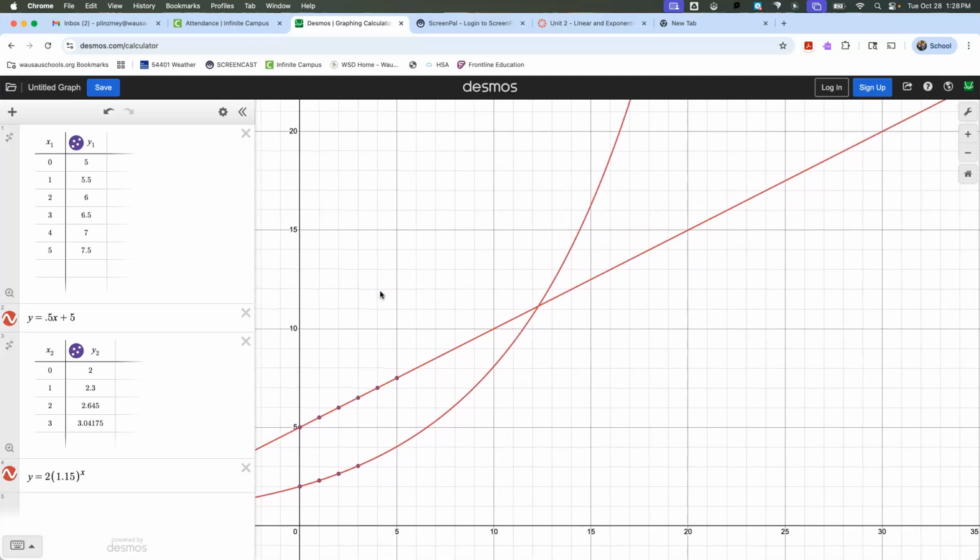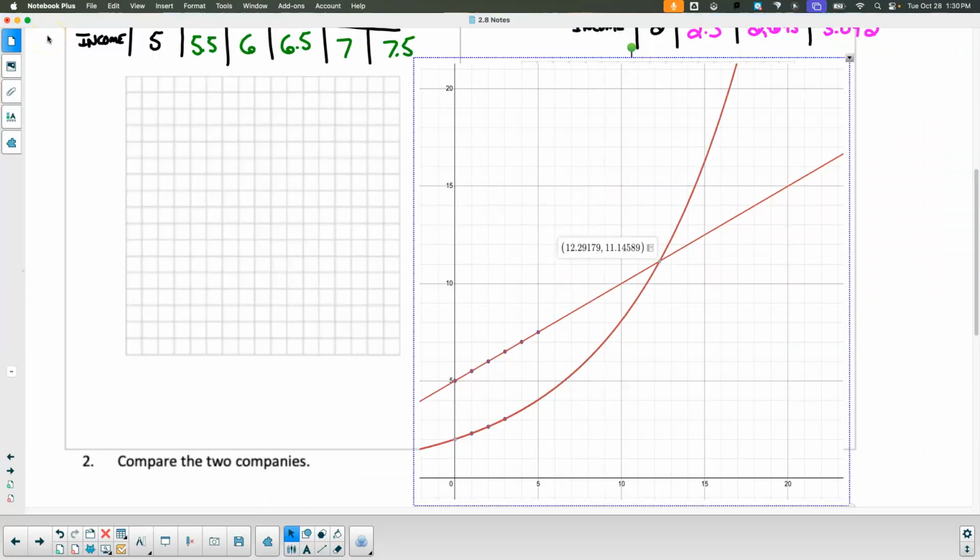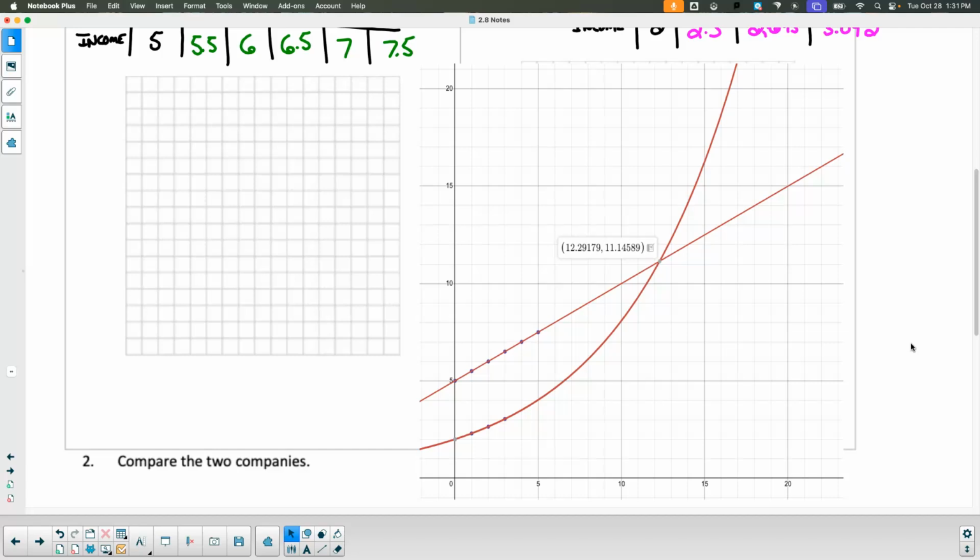So if you wanted to sketch those graphs, you could sketch those graphs right now. You can put them both on one if you want, or you could split them up. But sketch those graphs at this time. So this one, what was the first company? Calculorama.